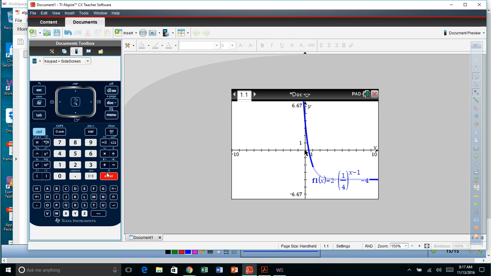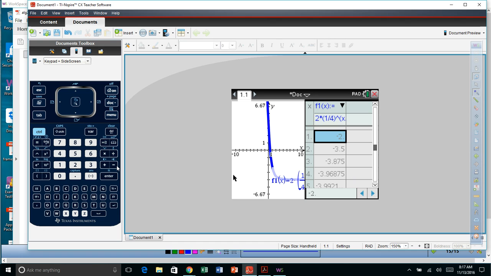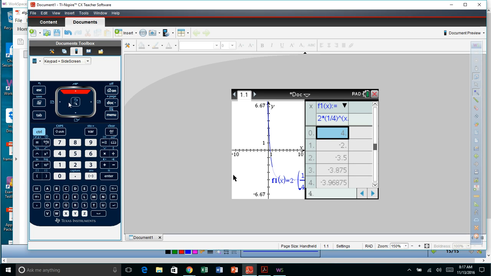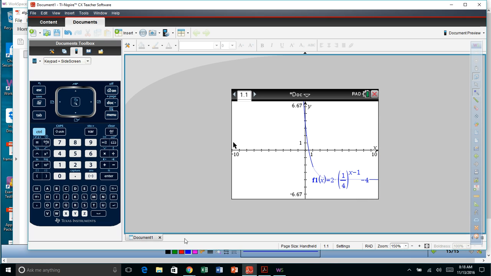I hope this works. It'll be so embarrassing if it doesn't. Control T, and we were looking for 0, 4. And then let's look for, what was that other point it gave us? 1, negative 2. Oh, there's both of them right there. Good deal. All right. That worked out real good.